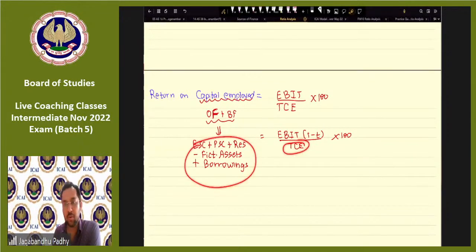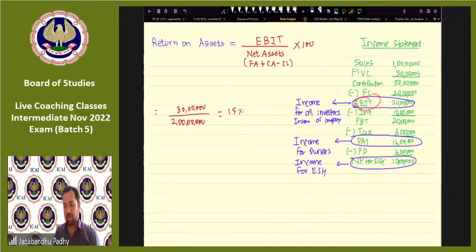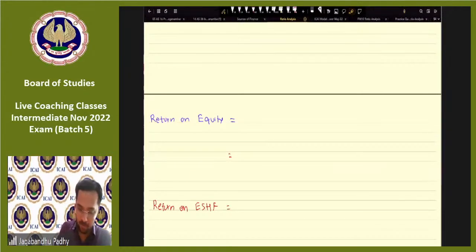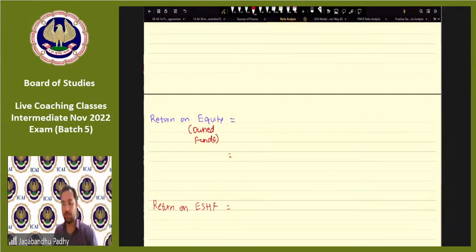So that comes into the denominator, and in the numerator, what we have is how much return we are earning on it. We have already said that EBIT is an income for all investors of the company. Now related to this, we have another one, return on equity. When I say return on equity, it means return on owned funds.